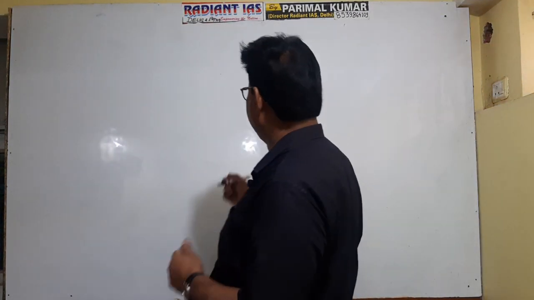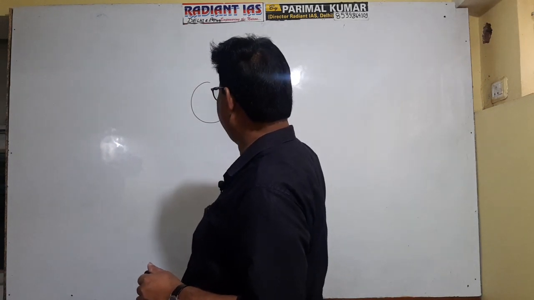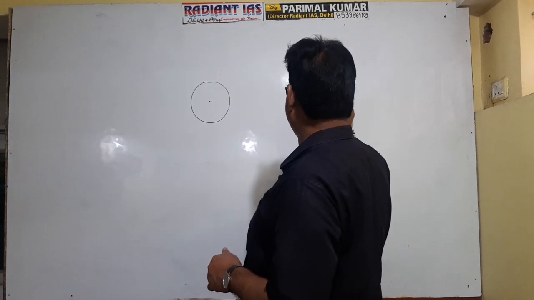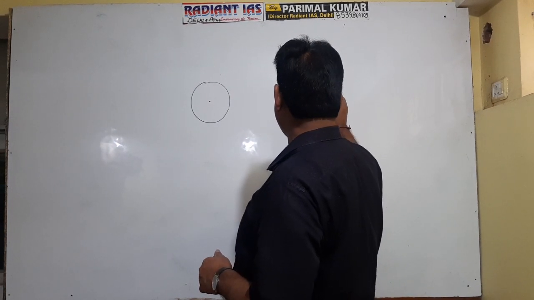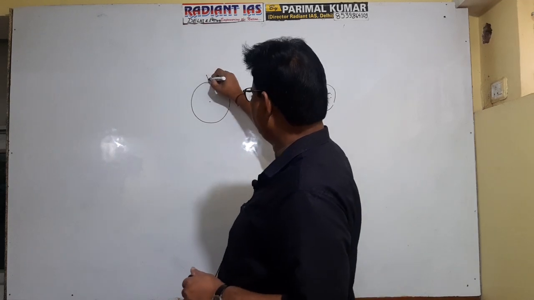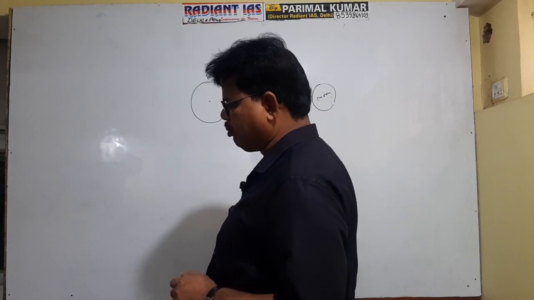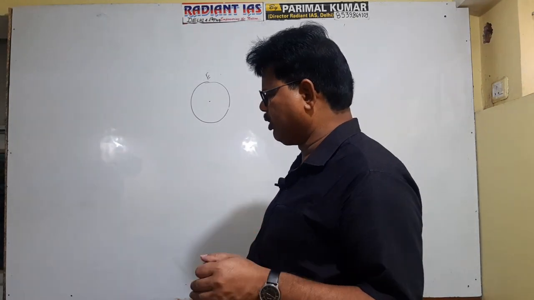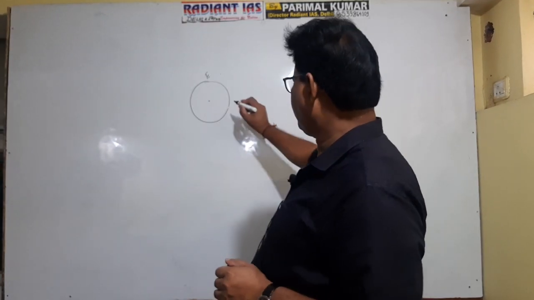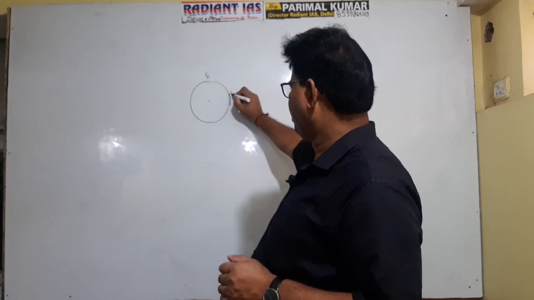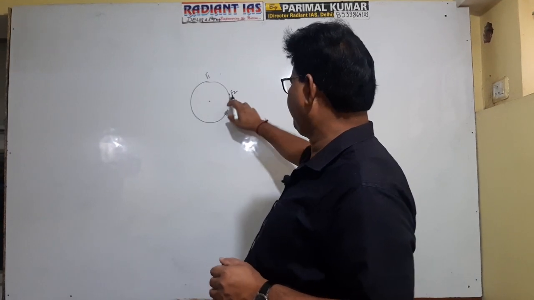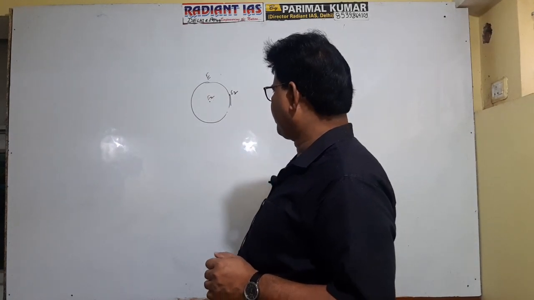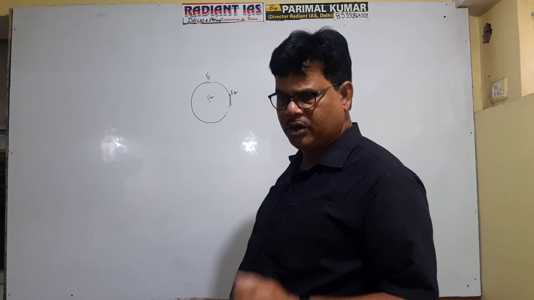Suppose this is the earth and this is the moon. Newton said that the tide producing force exerted by the moon is the difference between the forces exerted by the moon on the surface of the earth and at the center of the earth. Suppose F1 is the force exerted at the surface of the earth by the moon, and F2 is the attraction pull exerted by the moon at the center of the earth.